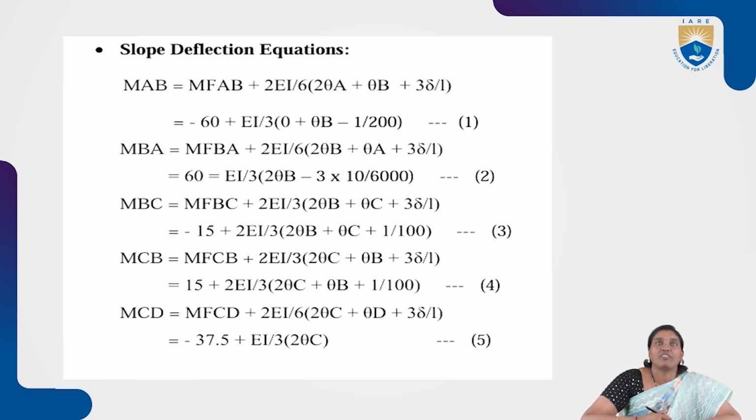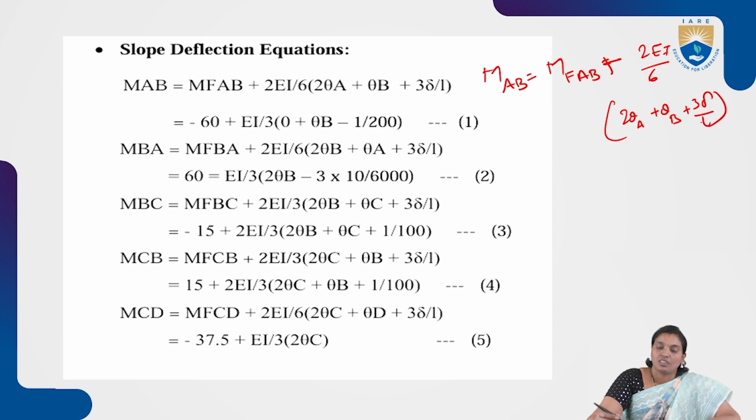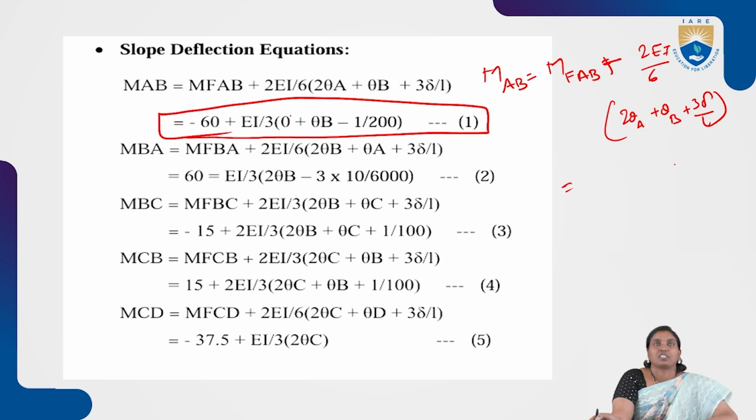Now the slope deflection equations. We identify the equation for MAB, which is the fixed end moment plus 2EI by 6 into 2 theta A plus theta B plus 3 delta by L. Substituting, we finally get one equation.